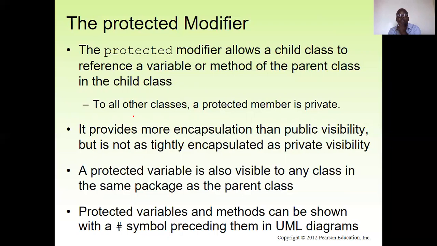So a protected variable is also visible to any class in the same package as the parent class. And of course, we denote that in UML by using a hash sign, as you would have seen here.